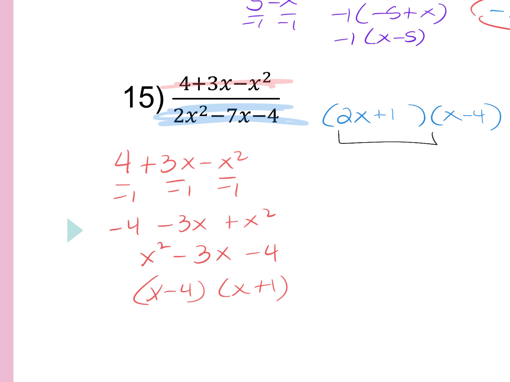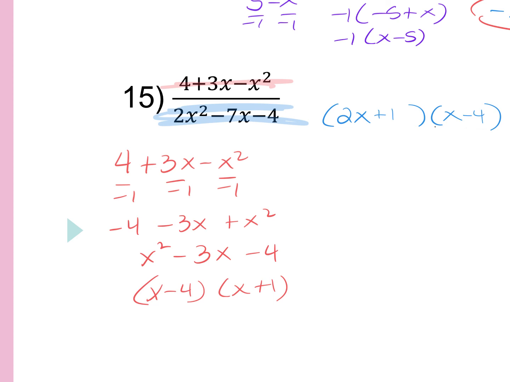So if I quick FOIL it, I get 2x squared, negative 8x, plus 1x, minus 4. When I group it, I did get that middle term I needed. So if you guess and test like this, then you really need to FOIL it, because if you put a negative 1 and a positive 4, you would get it wrong.